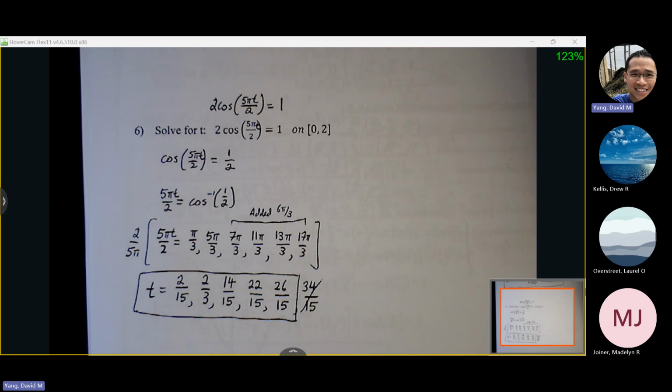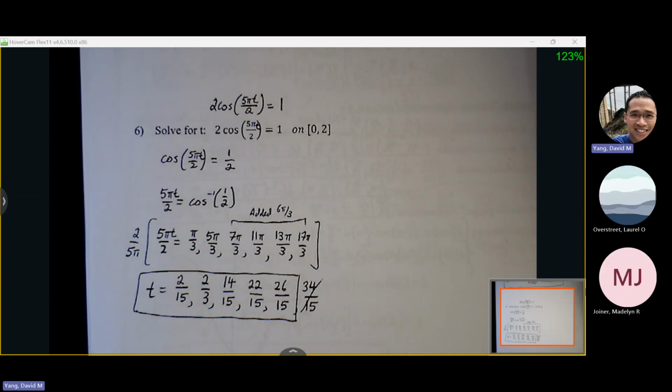And then because I know I eventually have to divide something out, they're going to shrink, and we want to go further out. So I can just keep adding 2 pi, or in this case, 6 pi over 3, so that I can match the denominator there. So 1/3 plus 6/3 is 7/3, 5/3 plus 6/3 is 11/3. I just went a little further out than I potentially needed. And then dividing by 5 pi over 2 is the same thing as multiplying by 2 over 5 pi.